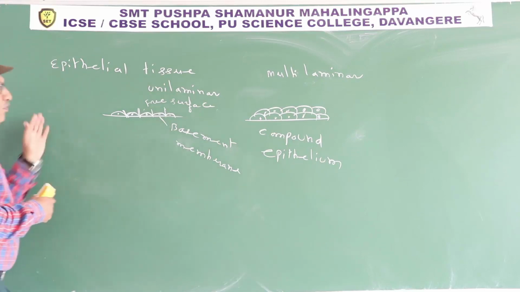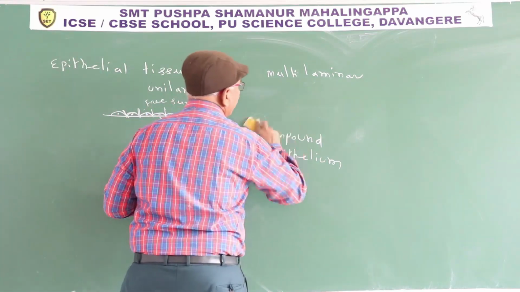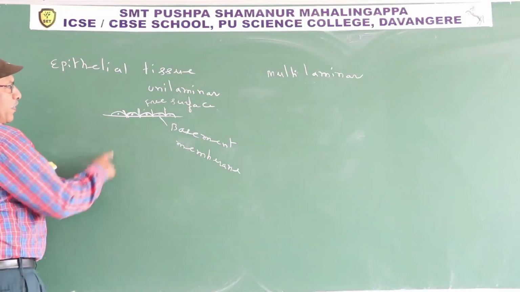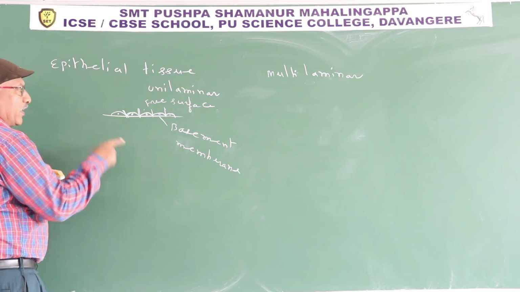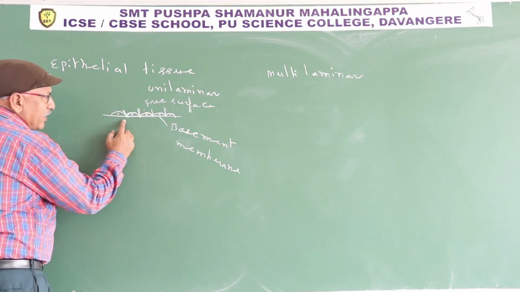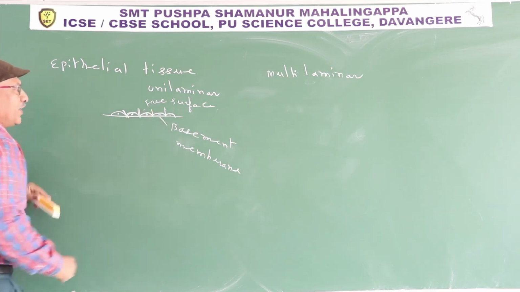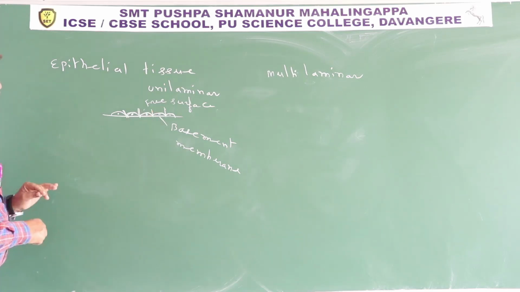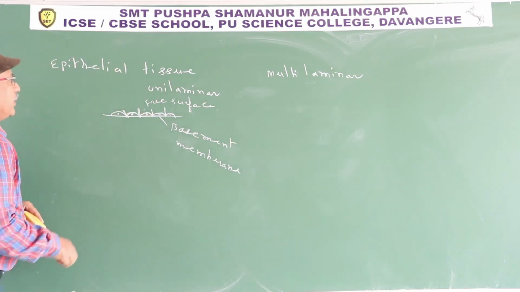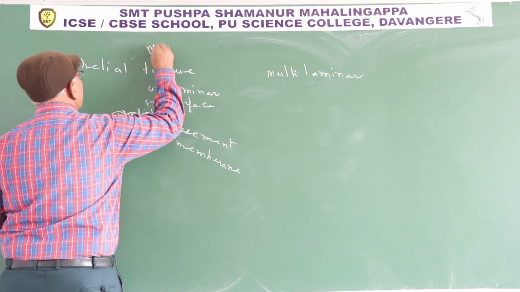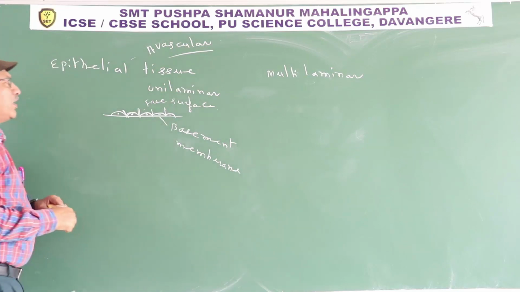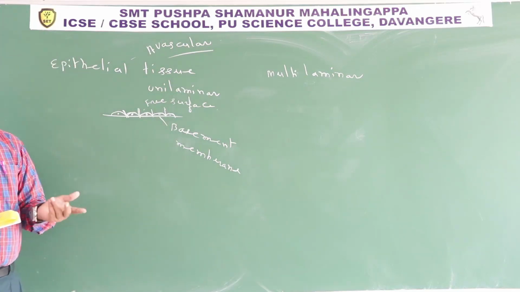Now characters of epithelial tissue. Cells are compactly arranged. If cells are arranged in a single layer, simple epithelium. In simple epithelium, one side of the cells attaches to basement membrane, another side has free surface. Epithelial tissue is avascular. A means no, vascular means blood vessel.